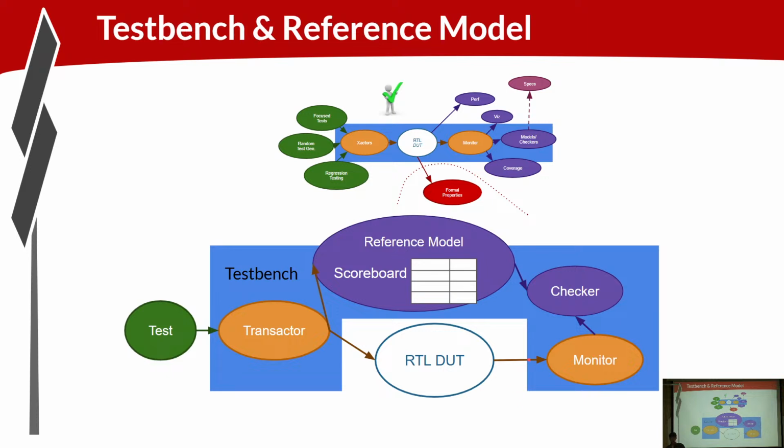It's going to come out sometime later. When it comes out, we'll check everything off. So it's very common to use what would be referred to as a scoreboard to hold on to that in the case of a CPU instruction. The scoreboard is watching things go in and then checking them when they come out. So you store away everything that came in, all the characterization of what that thing was. And then when you see it pop out, you check it off and remove it from the scoreboard.